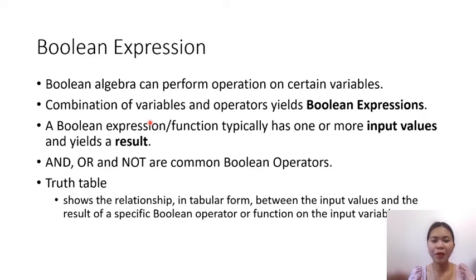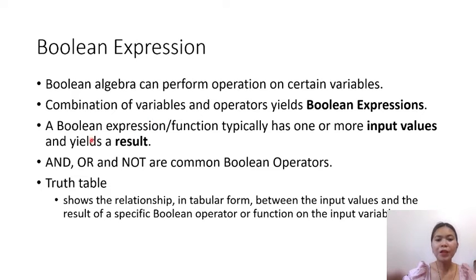For variables, it can be any letter in the alphabet, but the common variables involved in Boolean expressions are X, Y, Z. And the operators are the mathematical operations involved in a certain Boolean expression. If a variable and operator are combined together, it is called a Boolean expression.